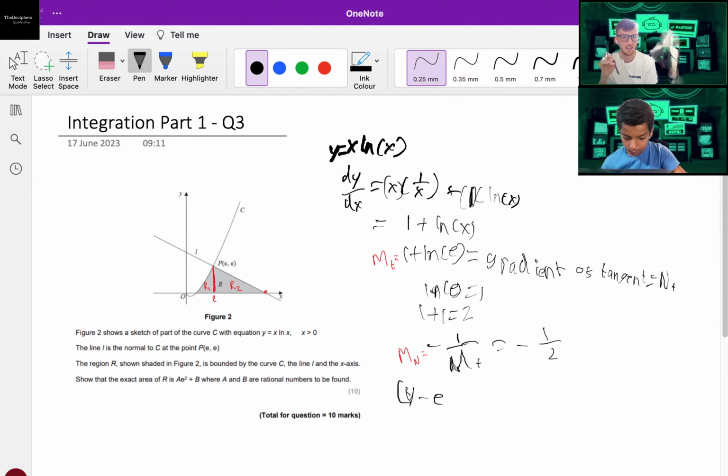Remember we put the point e in there, so x1 and y1 are both e. So y minus e equals m times x minus e, and m is negative a half, remember? So minus a half times x minus e.